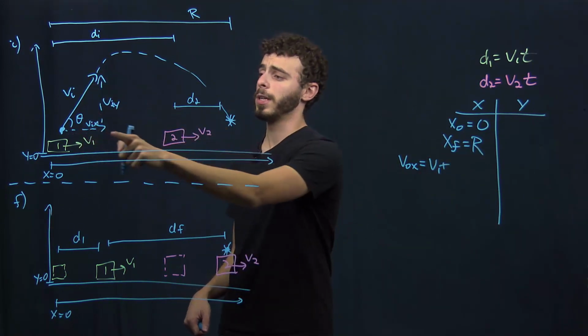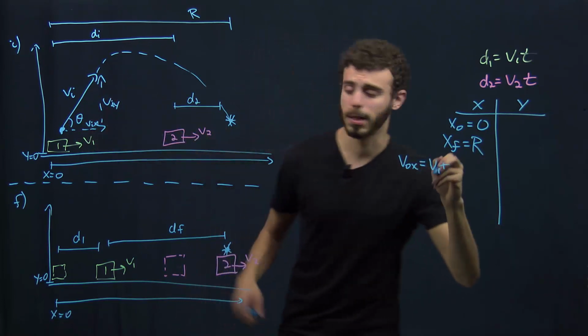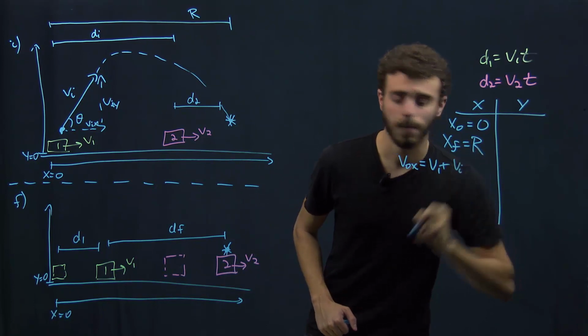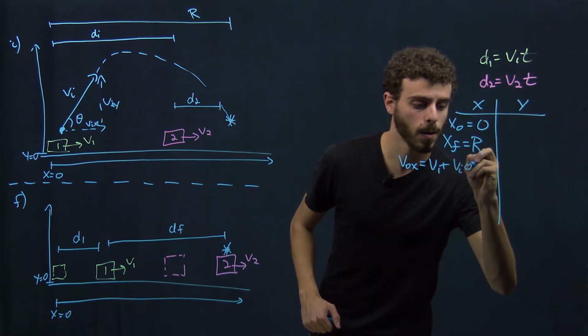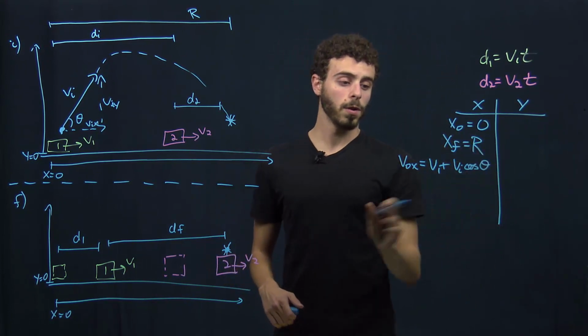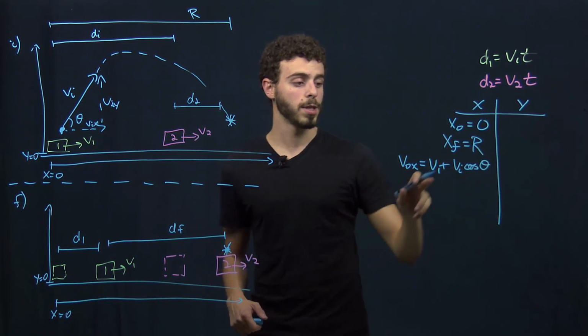From trigonometry, we're given this angle theta, by the way, so you should be able to see that this v_ix should be equal to v_i times cosine of theta.